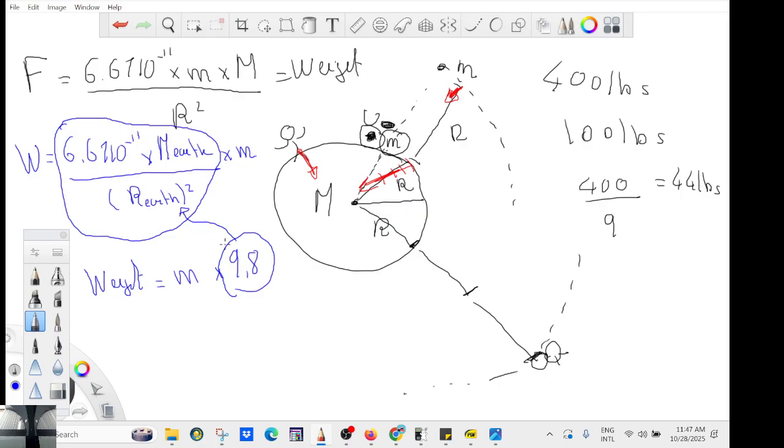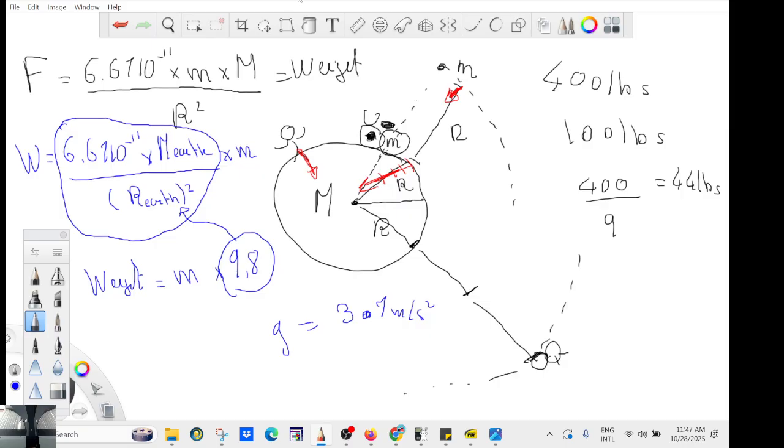So it will change if you go to Mars. If you go to Mars, it's going to be something like 3.7, I forgot. But if you go to Mars, it's going to be smaller because the mass is smaller. So it depends on the size and on the mass. Agree?